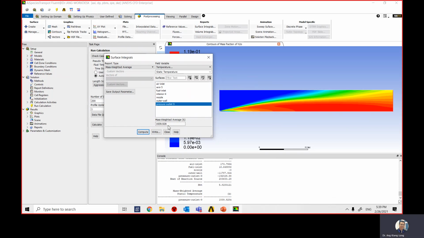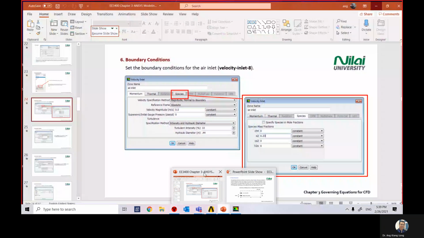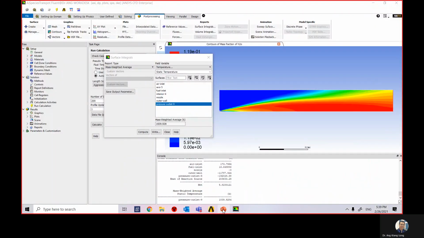The mass average will be 1839 Kelvin, about 1840 Kelvin, happening over here. There is a formula that can calculate this temperature. It's given by this formula.